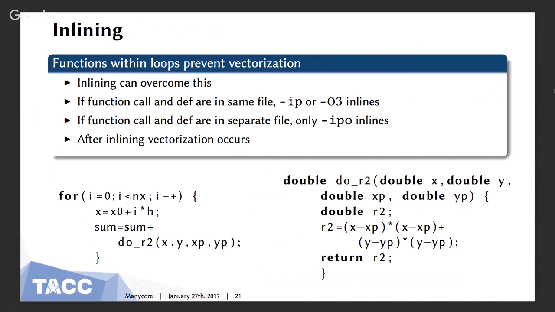If the function call and the definition are in separate files, then you actually have to give it the -ipo, interprocedural optimization flag. And that'll take care of cases where your function is called in your main source file, but it's actually defined in a separate source file, as is very common, right?